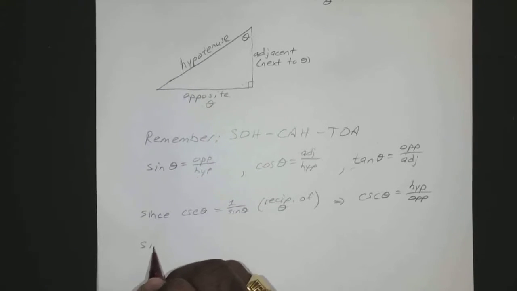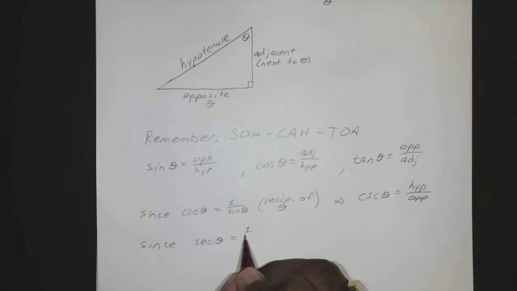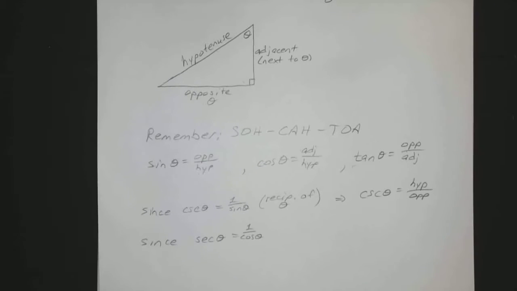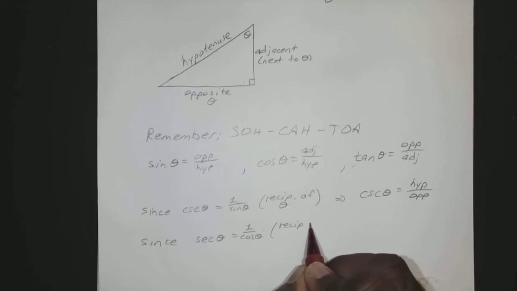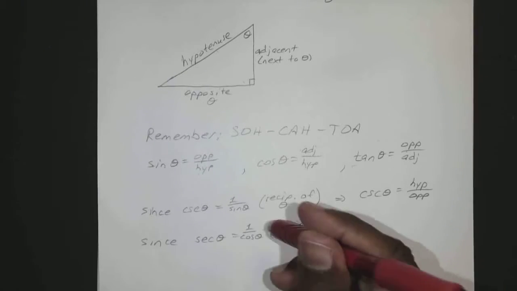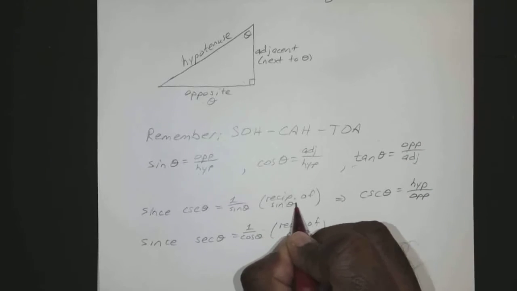And we know that secant of theta is 1 over cosine of theta, which is just the reciprocal of cosine. Let's put sine of theta up here. There we go.